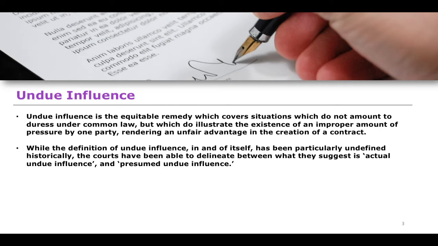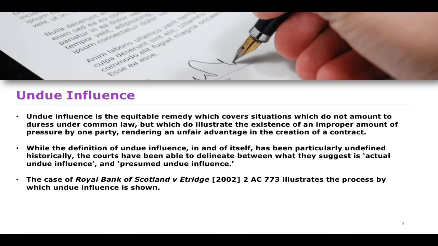In the rules of equity and our rules within contracts, we have two major categorizations that we can think about in relation to undue influence. Firstly, we have actual undue influence. Secondly, we have what we call presumed undue influence, both of which are very important.